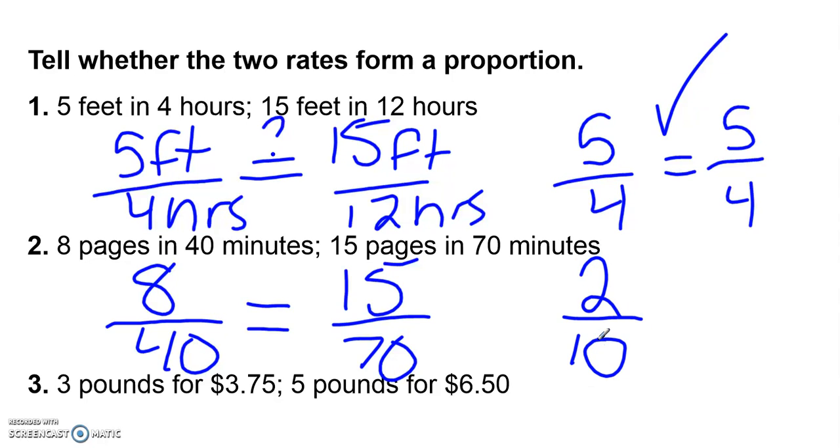And then 5 can go into both of those. And we have 3 over 14, and so those aren't proportional.